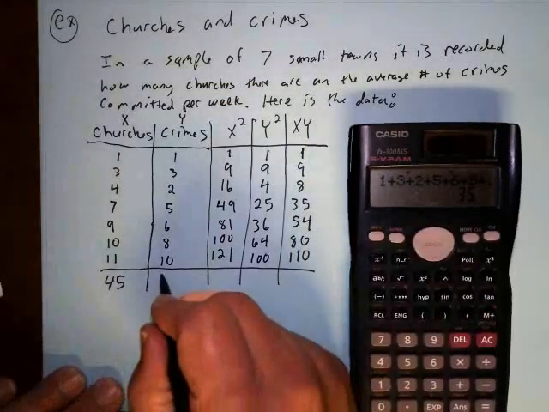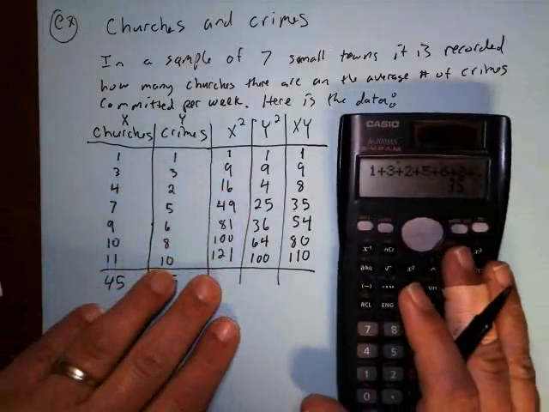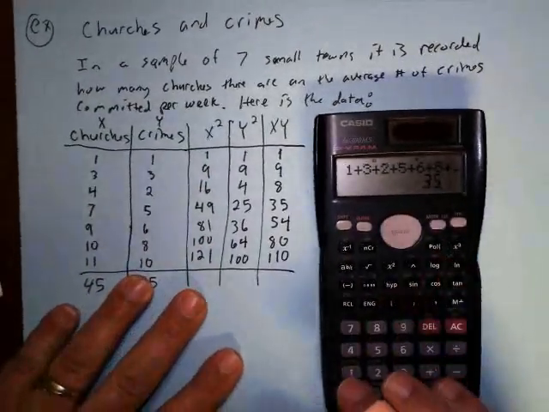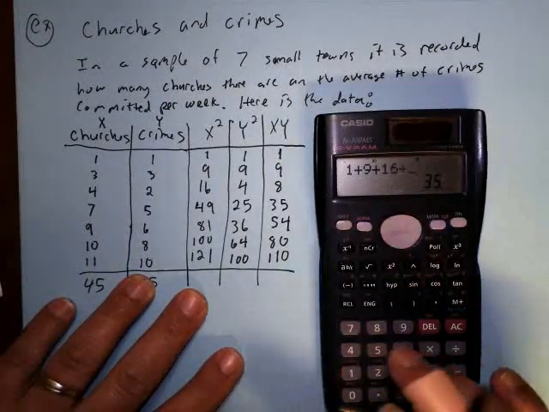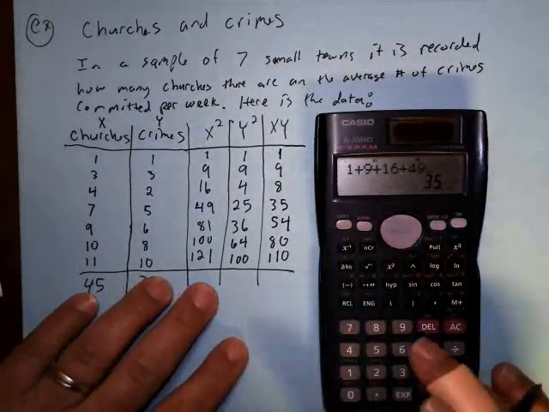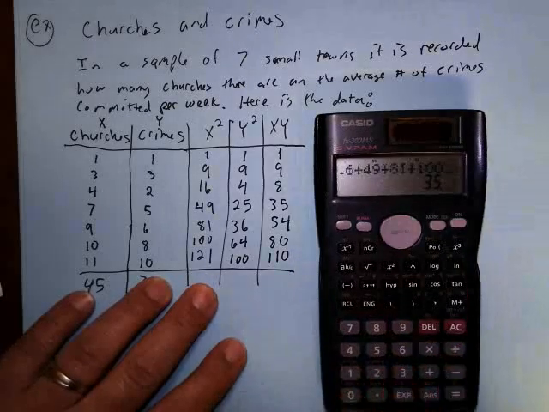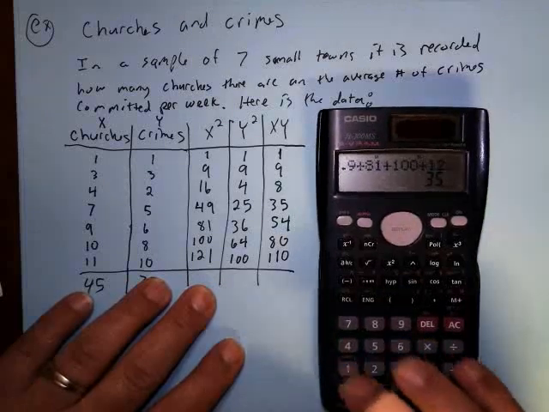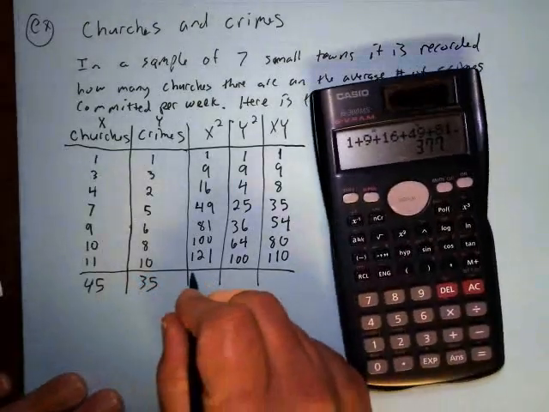And I'm going to get 35 for that. And X squared here. So 1 plus 9 plus 16 plus 49 plus 81 plus 100 plus 121. That's 377.